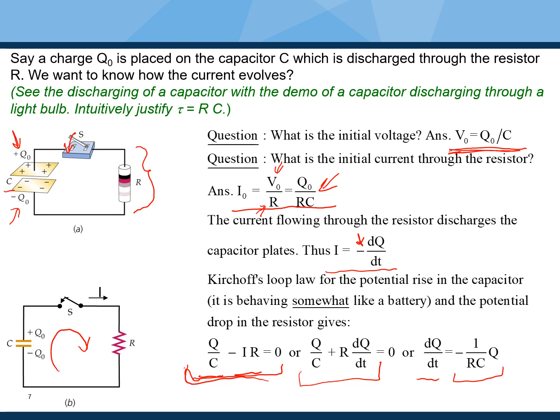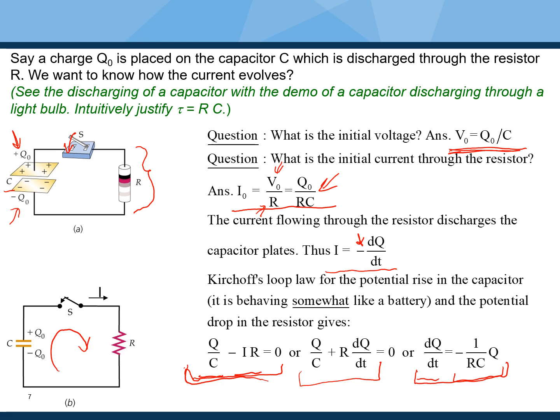So now we realize that we have massaged our equation so that we have dq by dt, namely the time rate of change of charge on the plates of the capacitor, being equal to minus 1 over RC times q. In other words, the charge is actually being drained from the plates of the capacitor because the current is draining that charge away and sending that charge through the resistor.